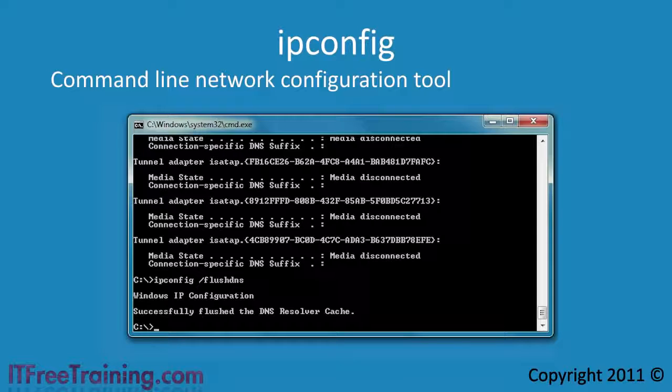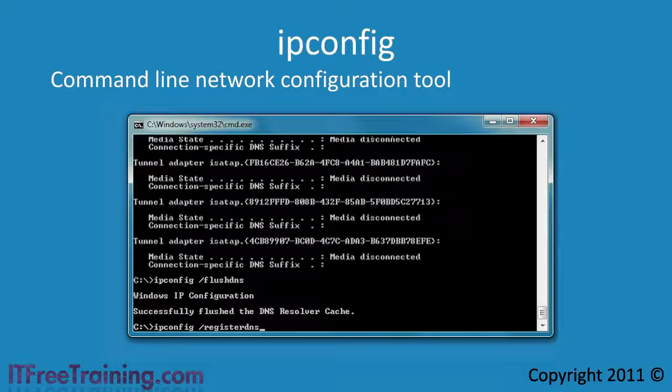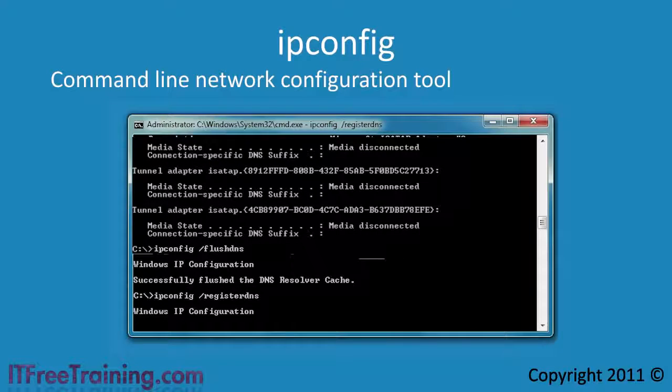If you change the IP address on this computer and you are using dynamic DNS, the IP address registered on the DNS server for this computer will be incorrect. To fix this, run the command ipconfig /registerdns. This will force the computer to register its host name in the DNS server.